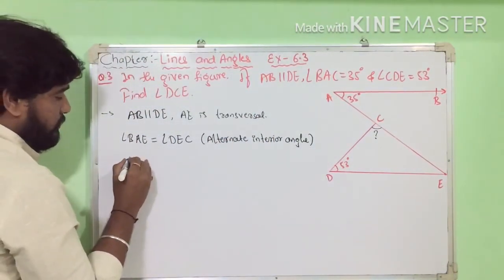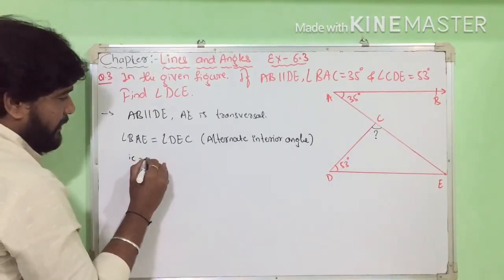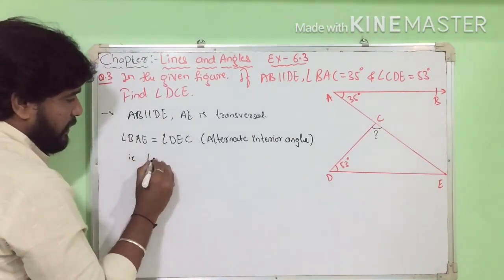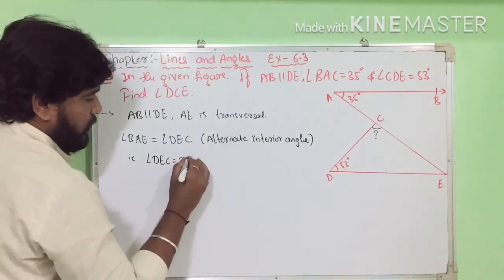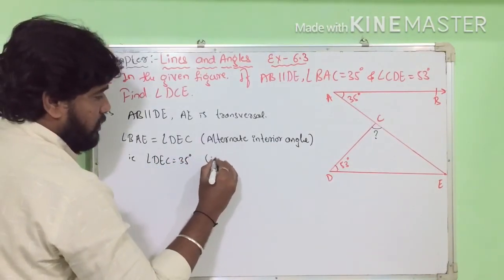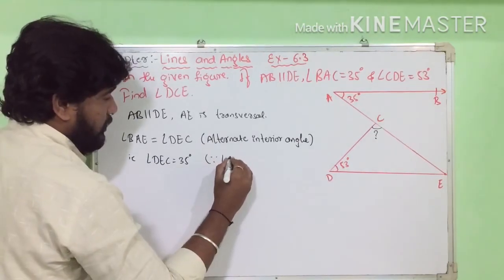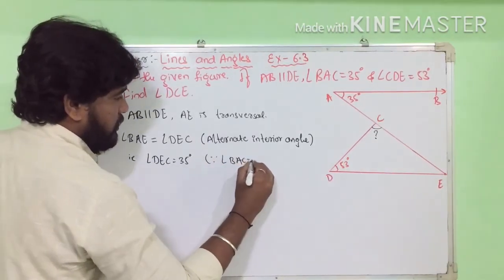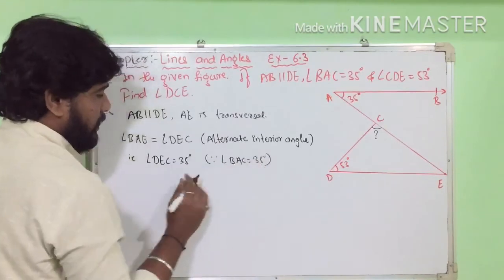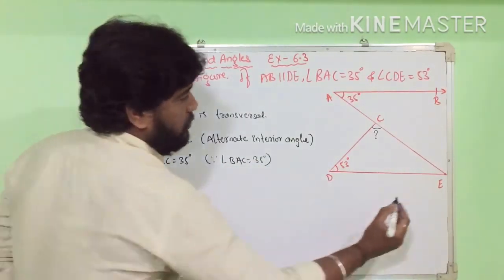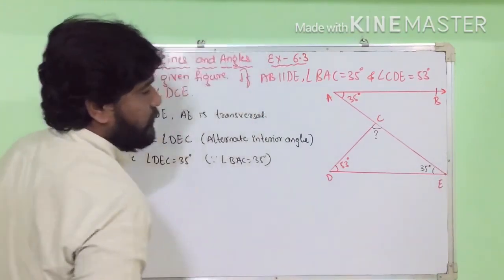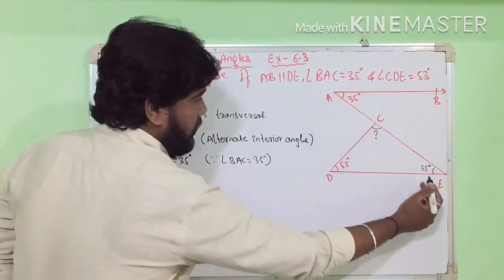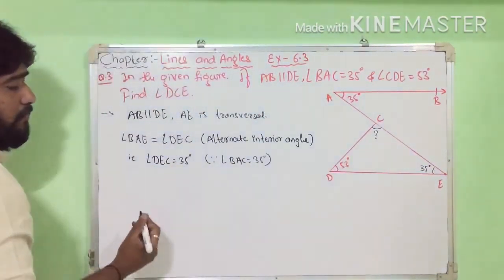So angle DEC is equal to 35 because angle BAC is 35, right? So this angle we got 35. Now in a triangle CDE, the sum of these three angles is 180.